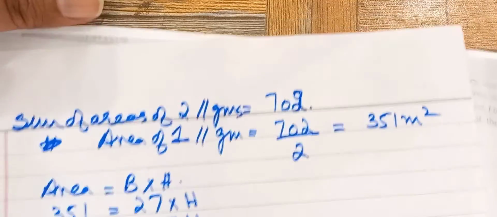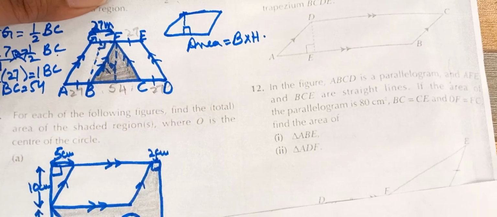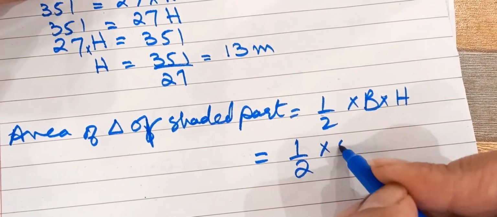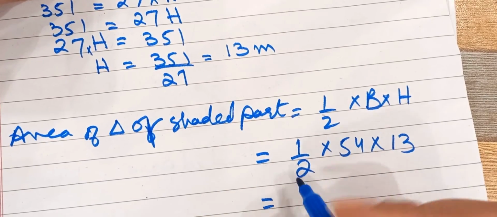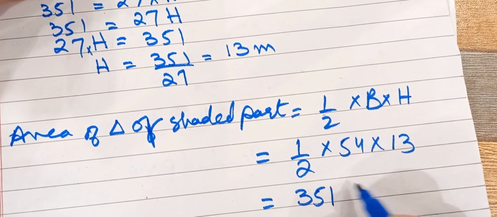We have already calculated that base is 54 and height is 13. 1 by 2 into 54 into 13, and when I do my math, I will be left with the answer, which is 351 meter square.